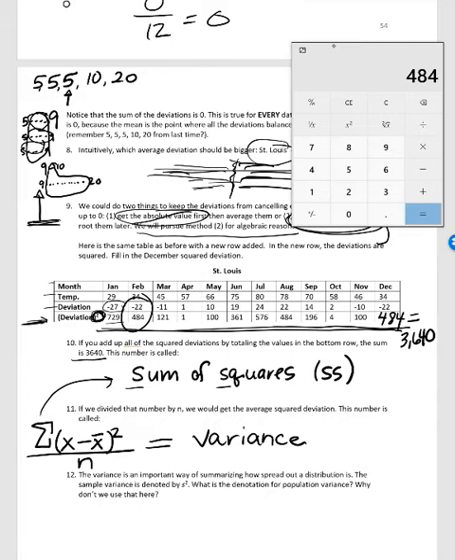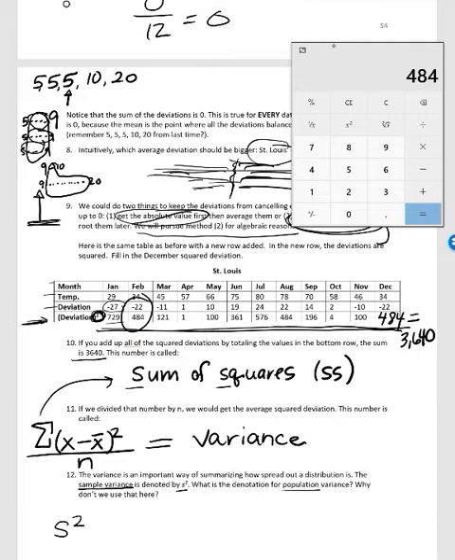The variance is an important way of summarizing how spread out a distribution is. This is one of the measurements that we typically use. The sample variance is denoted by S squared.